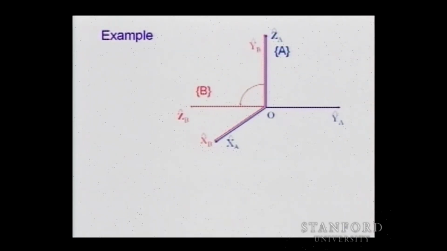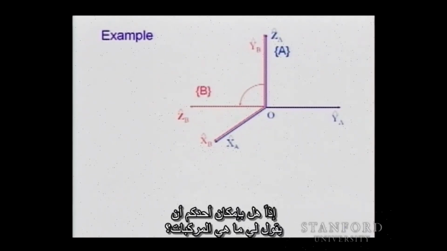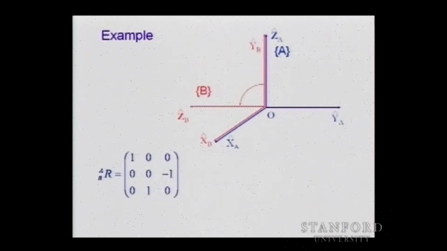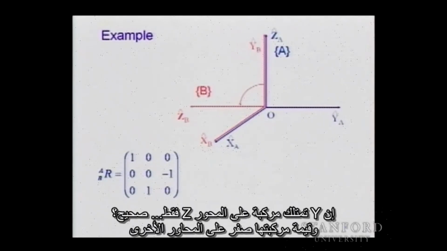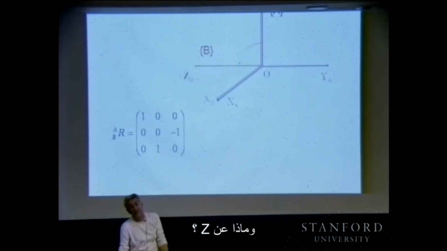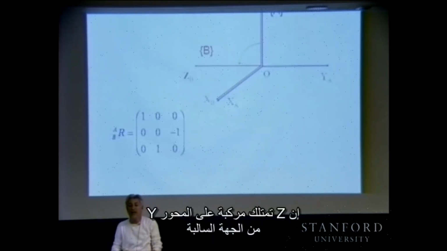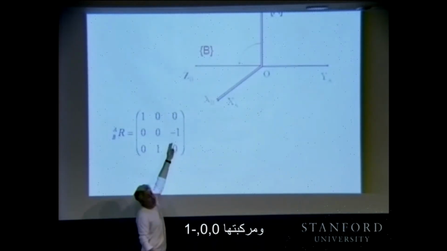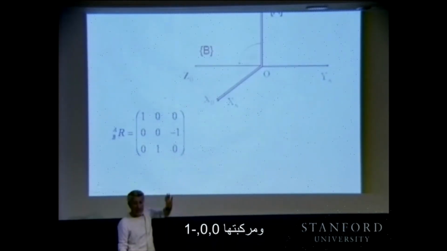So anyone who could say what are the components? So 1, 0, 0. What about Y? Y has a component only along the Z-axis, right? Y is only along the Z-axis and 0 about the others. What about Z? Z has a component along the minus Y-axis and its full component minus 1, 0, 0.